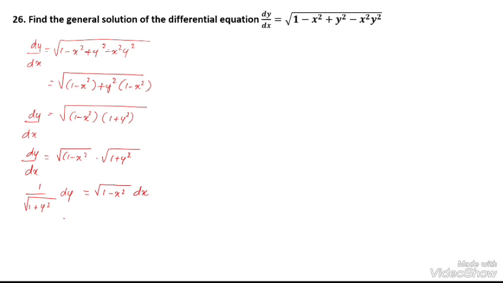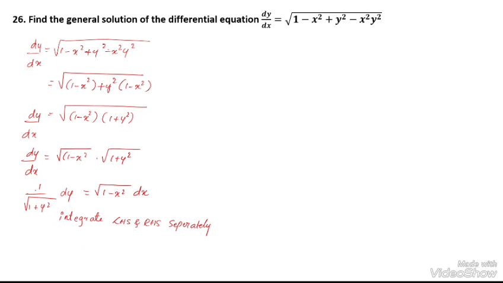Y terms are on one side and dx terms are on the other. So now integrate LHS and RHS parts separately.